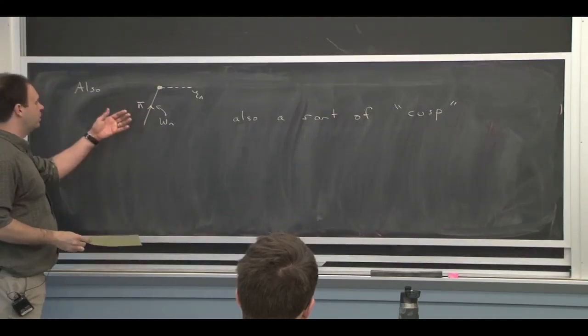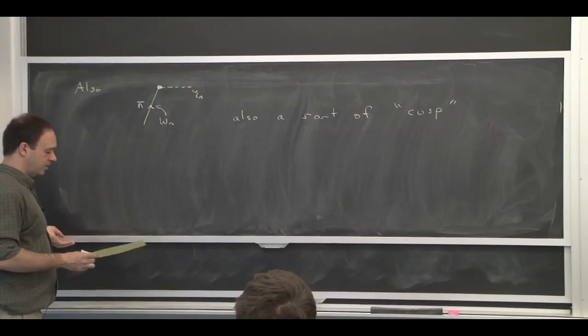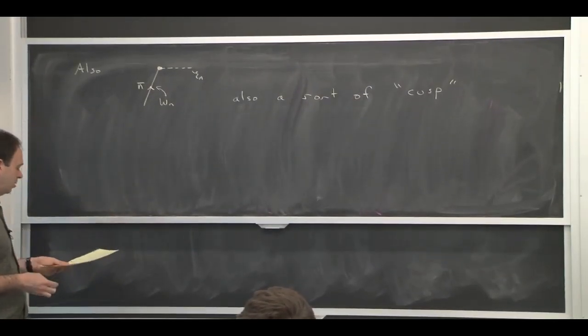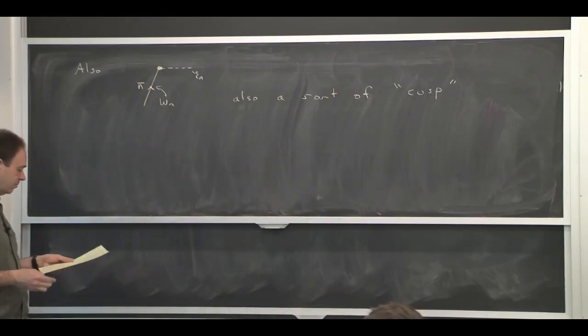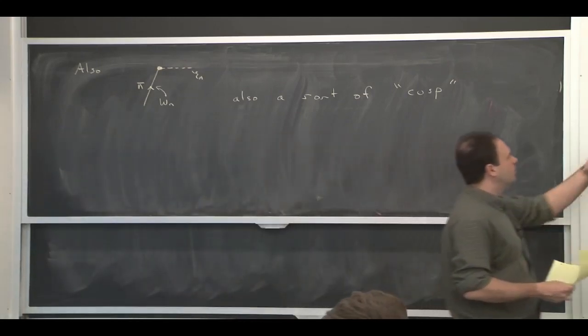So even the collinear graphs where the Wilson lines ended on quarks also produced these 1 over epsilon squareds and have this kind of structure, and they have very similar relations to cusps in regular Wilson lines. Okay, so that was one question. What was this cusp?